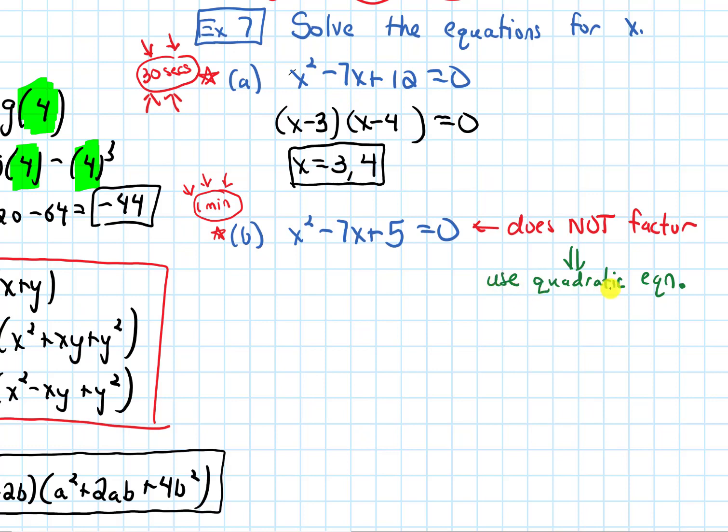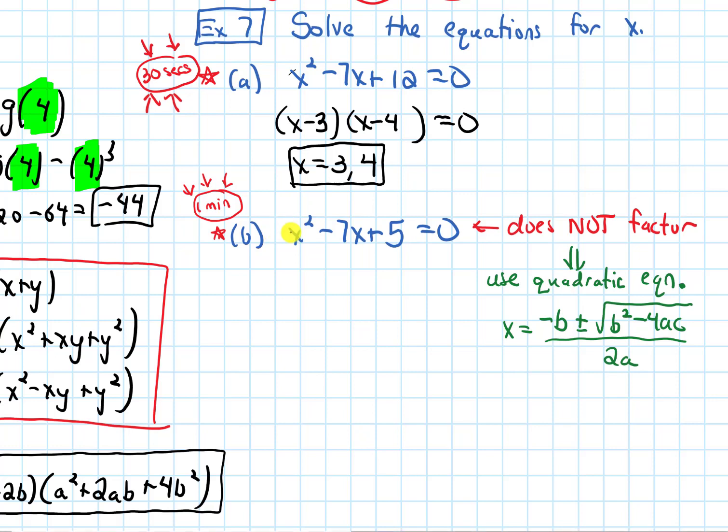So let's remind ourselves the quadratic formula says x is equal to negative b plus or minus the square root of b squared minus 4ac, over 2a, where a, b, and c are the coefficients of the quadratic expression.